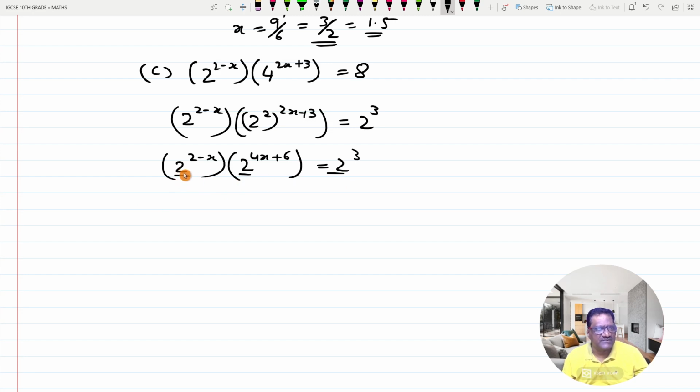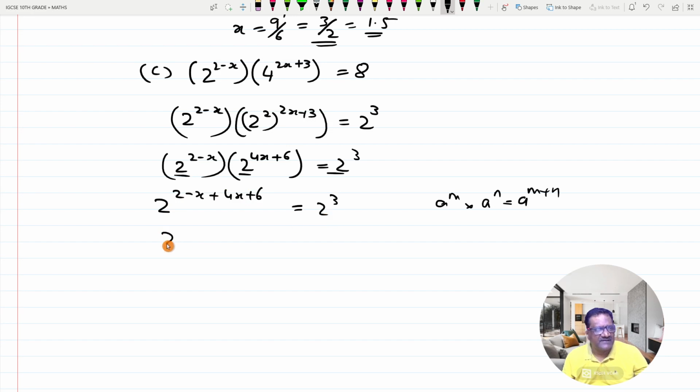So this is 2 raised to 2 minus x multiplied by 2 raised to 4x plus 6. So using this rule, a raised to m into a raised to n is equal to a raised to m plus n, we are going to use this, okay? So on the left hand side I can write 2 raised to 2 minus x plus 4x plus 6 equal to 2 raised to 3.